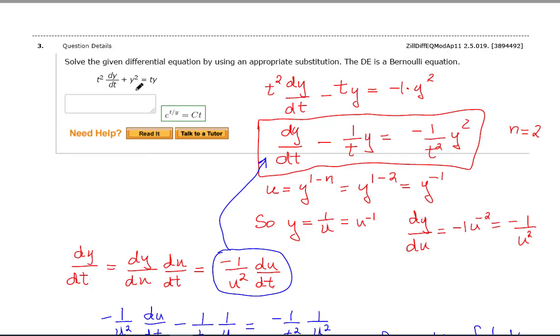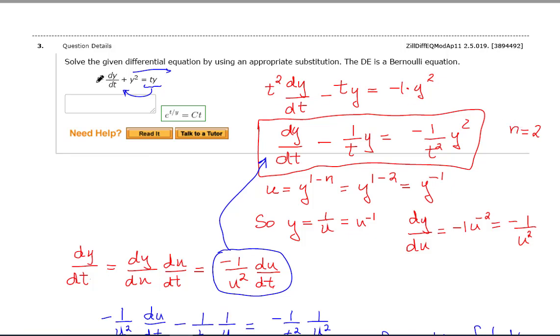Now, when you first see this, you might be tempted just to dive into it, but the problem is, remember, for Bernoulli, I needed a P of t times y. So actually, this piece needs to come to the left, and that piece needs to go to the right. So once I do that, yes, this does look like Bernoulli, where n is 2.